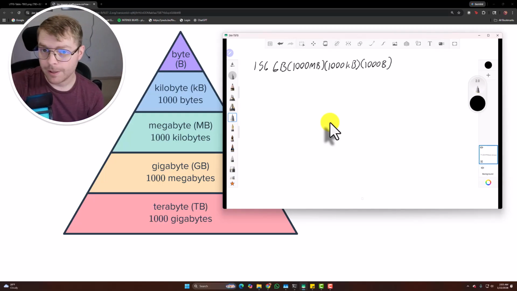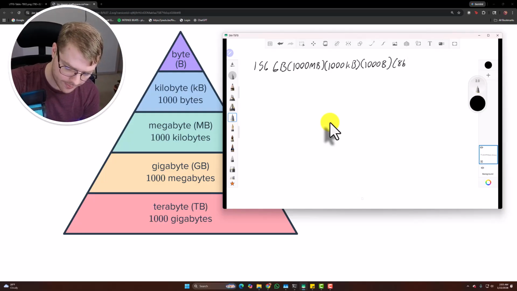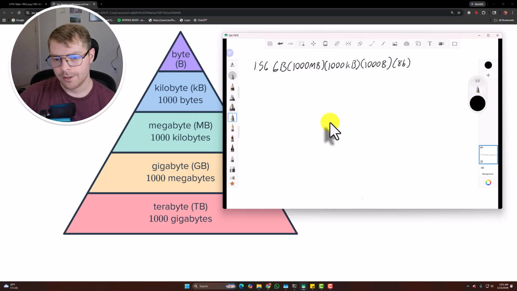But we can't forget that there's also 8 bits in there as well. So if you look at it, we're taking 156 gigabytes times 1,000 megabytes times 1,000 kilobytes times 1,000 bytes times 8 bits. Well, we have what's called the commutative property when we're doing multiplication.